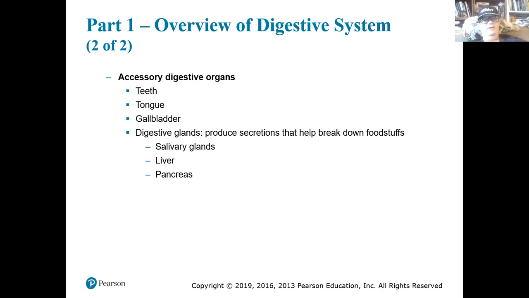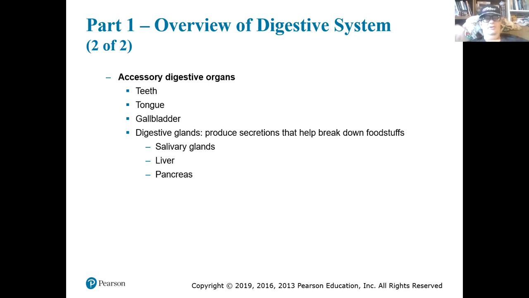Salivary glands in the mouth are, of course, making saliva, which has salivary amylase, salivary lipase, things like that. The pancreas. The pancreas is famous for insulin production, and it does that, but it also makes a whole bunch of enzymes that are necessary to complete digestion.